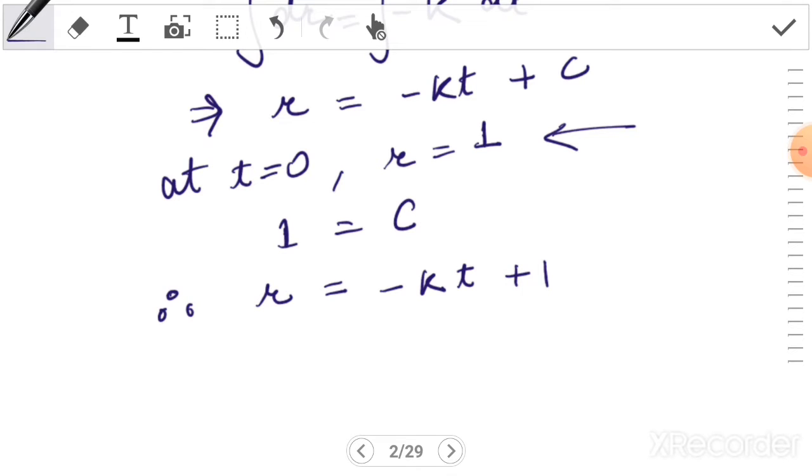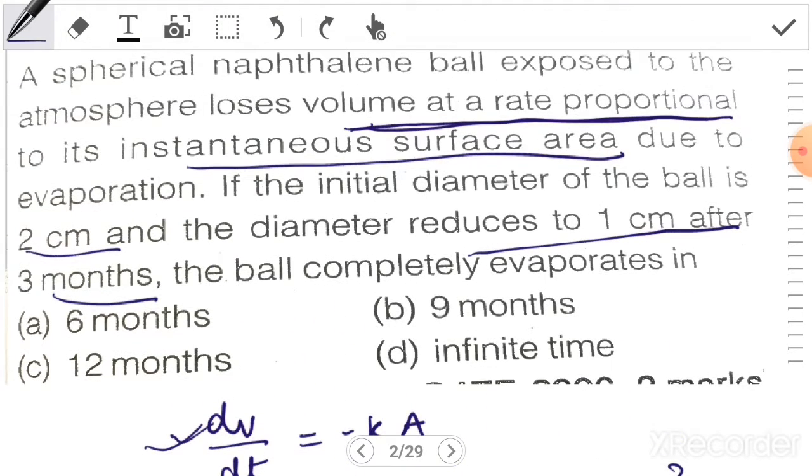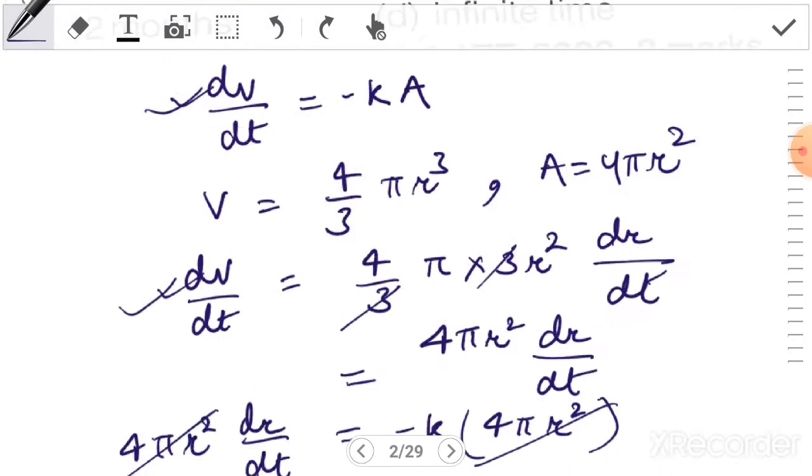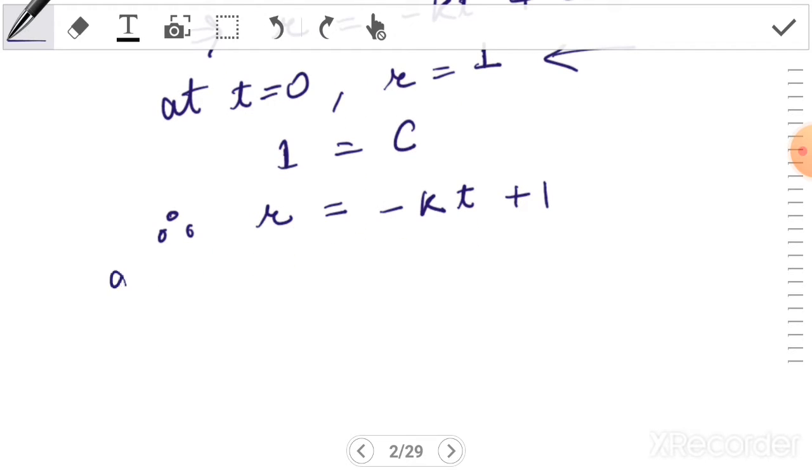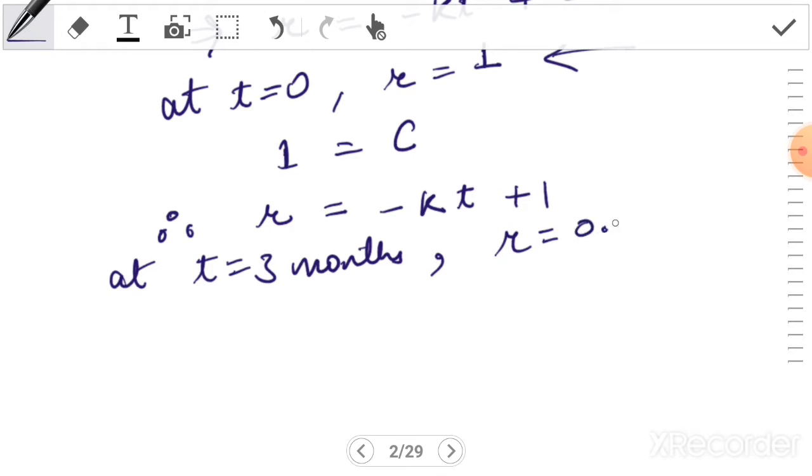So we have again one constant here. We have to find this k. So for that we have diameter reduces to 1 centimeter after 3 months. That means after 3 months diameter is 1 centimeter and radius is 0.5 centimeter. So at t is equal to 3 months, r is equal to 0.5 centimeter.